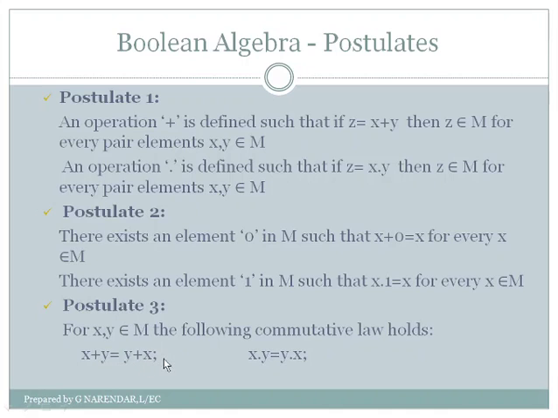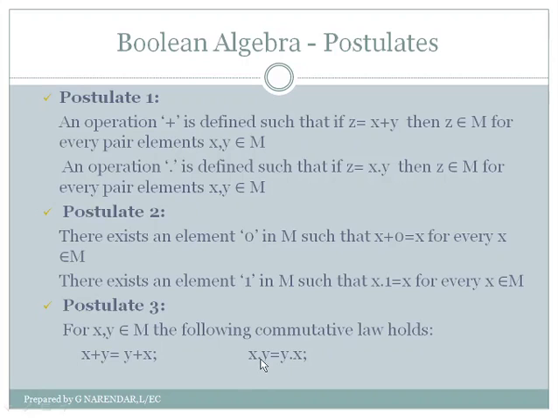This also means that the OR operation gives the same result irrespective of the order of the elements on which it is performed. Even if you change the order of elements, the OR operation gives the same result. Similarly, the commutative law is also defined for the AND operation.